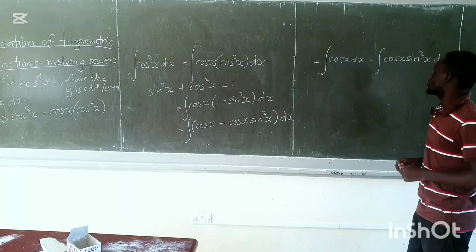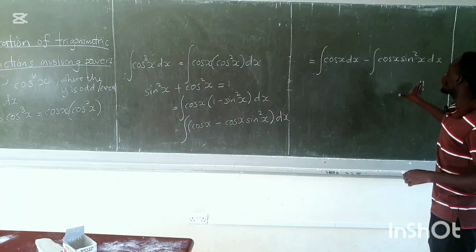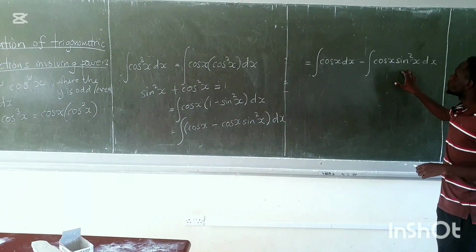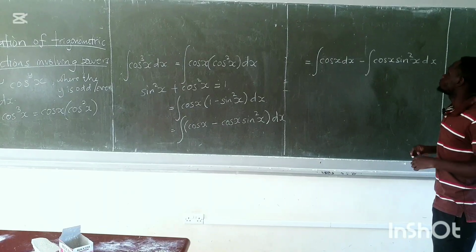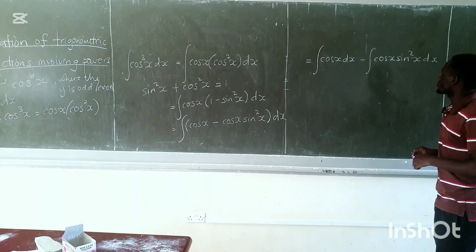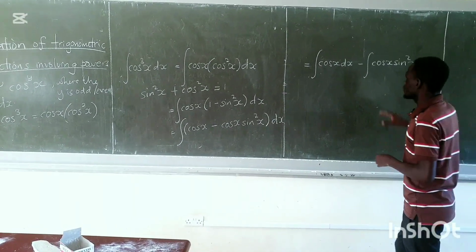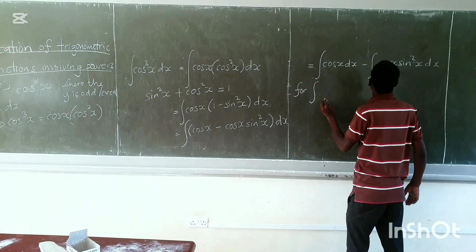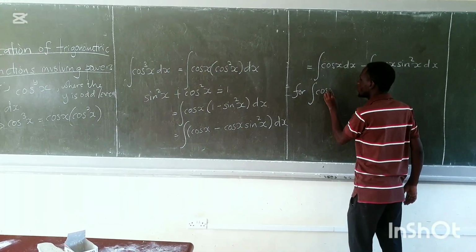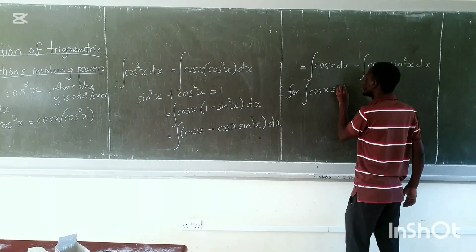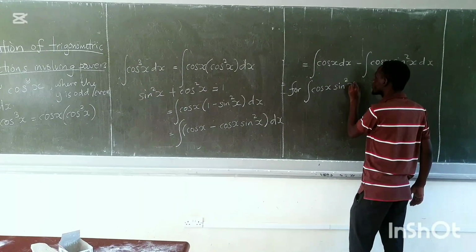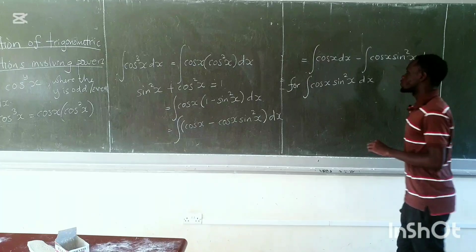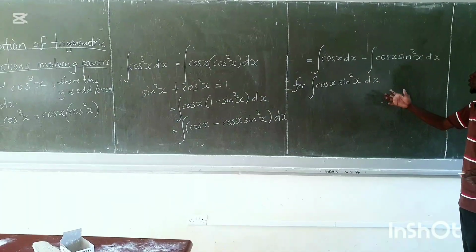Now, you realize that the biggest challenge is how can you deal with this? For the integral of cos x sin^2 x dx, this is our challenge. How can we deal with this?